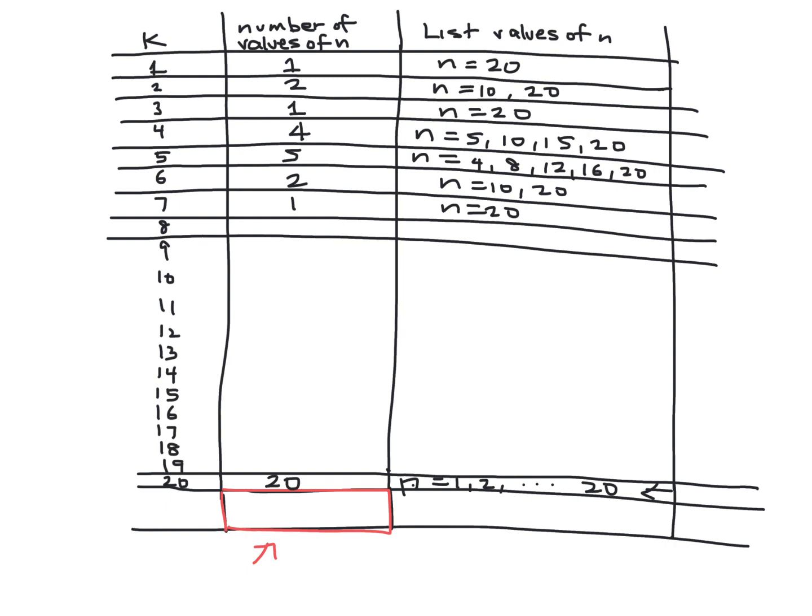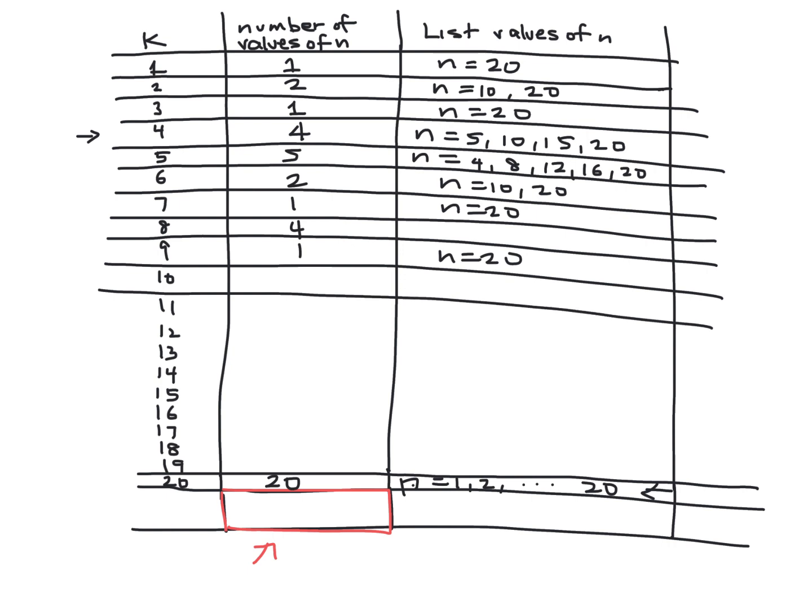When k is 8, that is going to have 4 values, very similar to that one. When k is 9, we have only 1 value, and that's n equals 20. When k is 10, that will work when you have even values of n. So there's going to be a whole bunch of those, 10 of those.